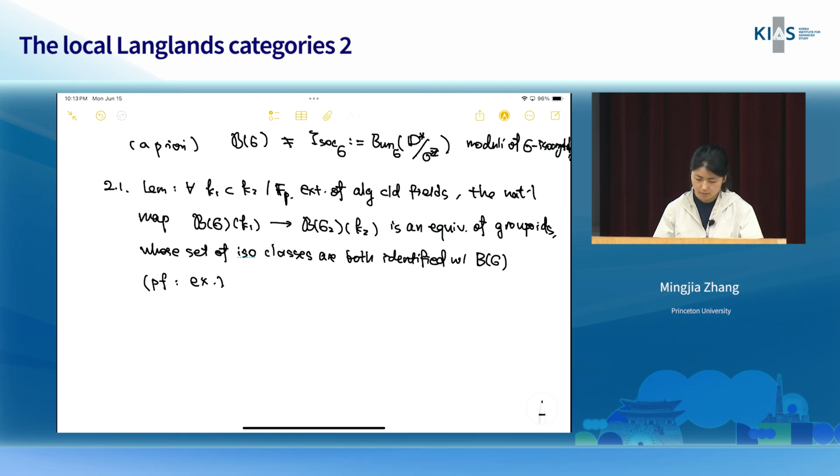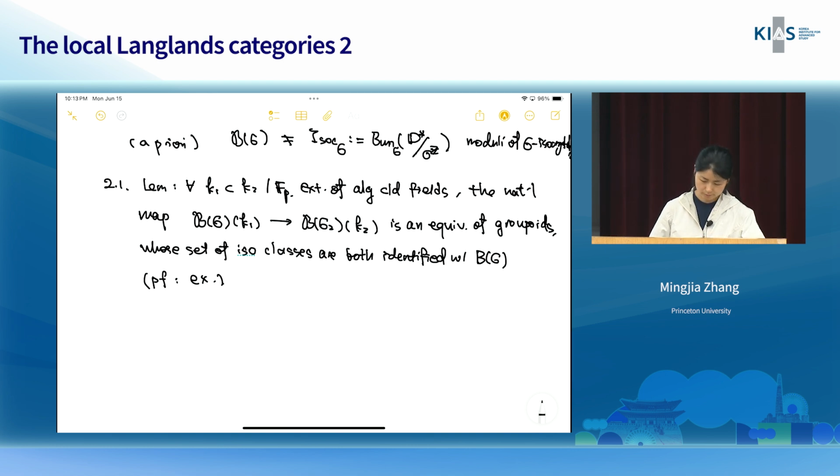Okay, but using this, one can make the following definition of subfunctors of curly BG attached to elements in the Kottwitz set.